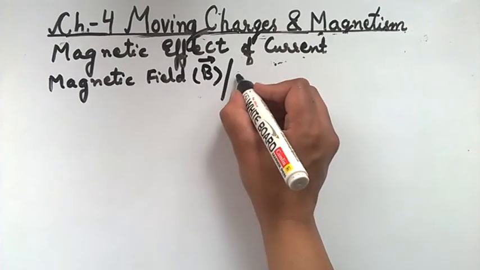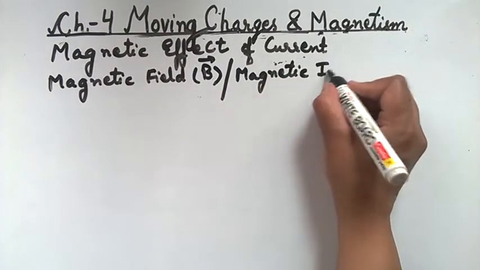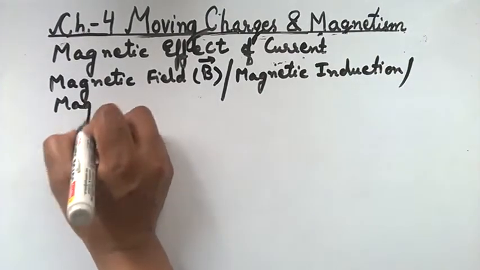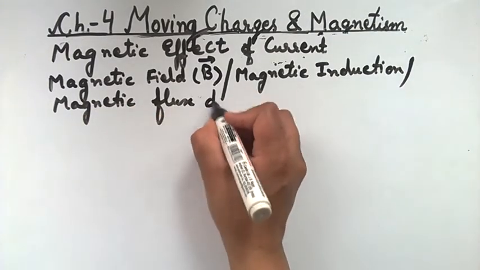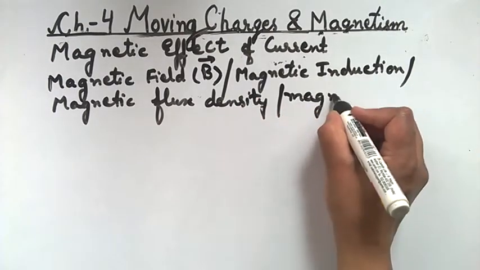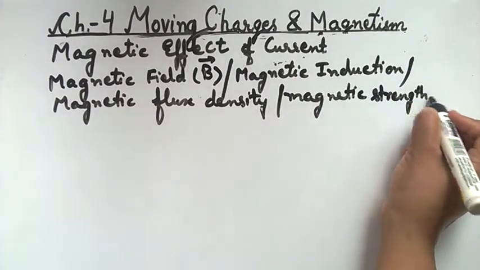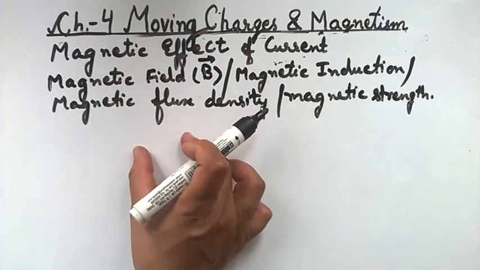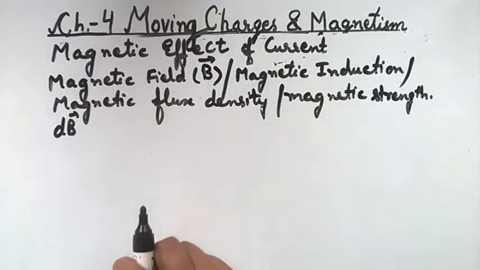Magnetic field is also known as magnetic induction, magnetic flux density, magnetic strength, and when we are calculating magnetic field for a small length, then it is denoted by a small dB vector.